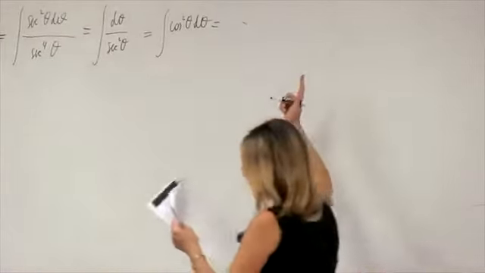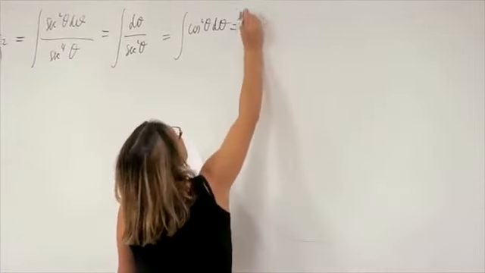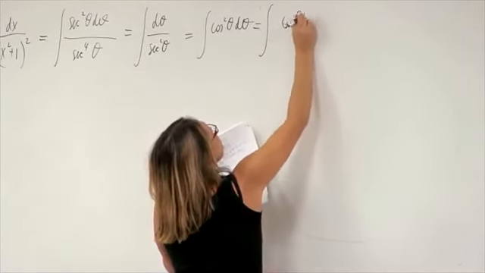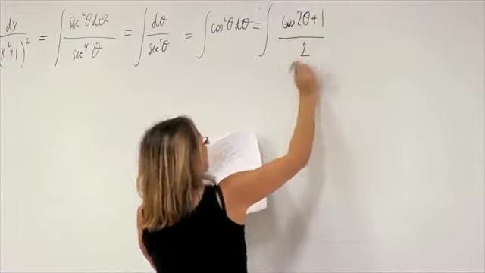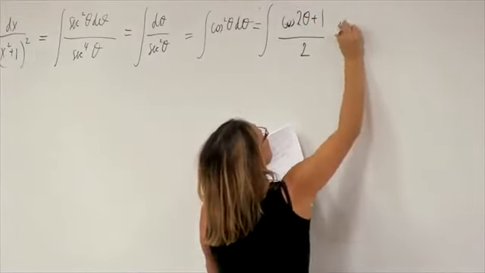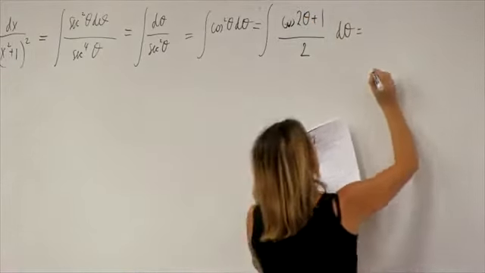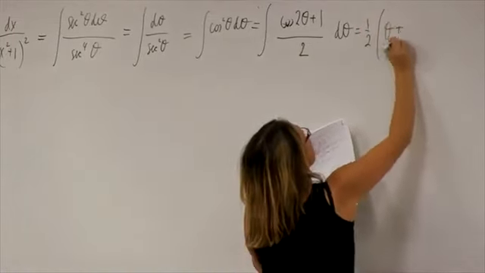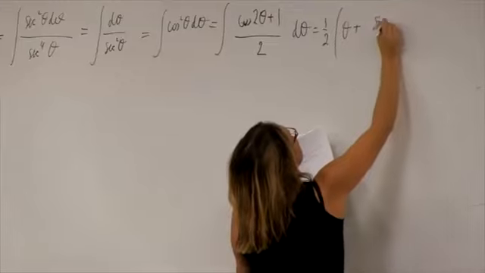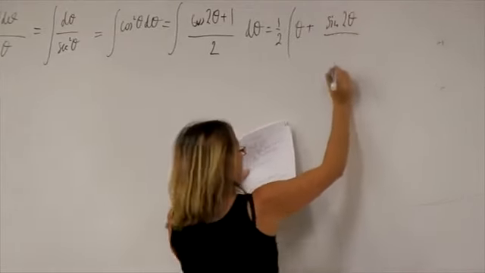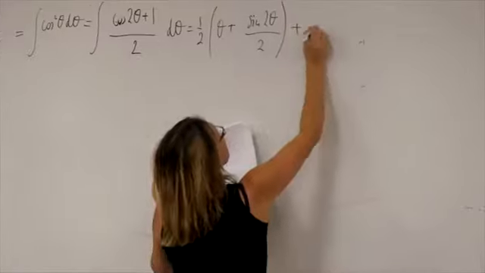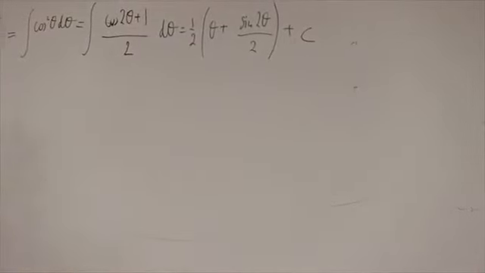I want to represent this as cosine 2 theta plus 1 over 2 d theta. So now this is easy. I have 1/2 times theta plus sine 2 theta over 2 plus c. Okay, almost done.